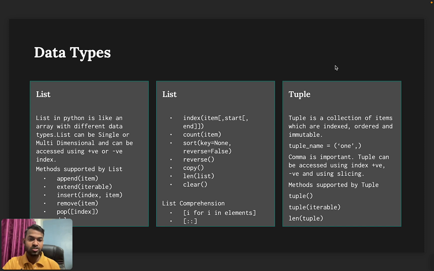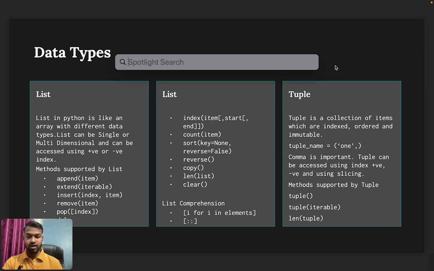Let's assume I have to create an array of day names, which never change. So instead of using a list, I will use a tuple. These are some applications, or use cases, of tuple.